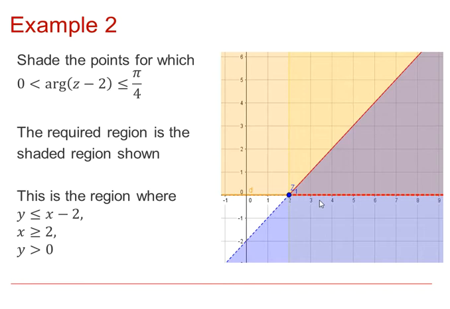We know that we have a dotted line along the y equals 0 axis because the argument was greater than 0 rather than greater than or equal to 0. Whereas this line here will be included in the region because it was less than or equal to pi by 4.